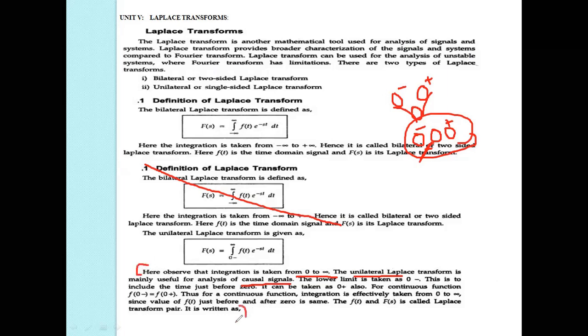See what they are saying here: even though it is denoted as 0 minus, for a continuous time function the integration is effectively taken from 0 to infinity, since the value of f of t just below and after the 0 is the same. The f of t and f of s are called a Laplace transform pair.